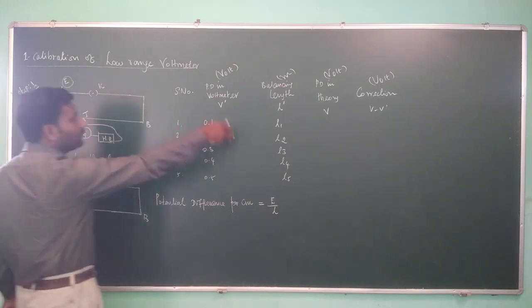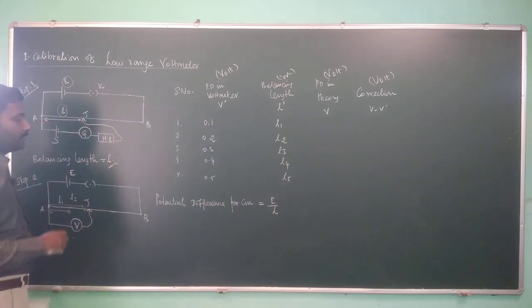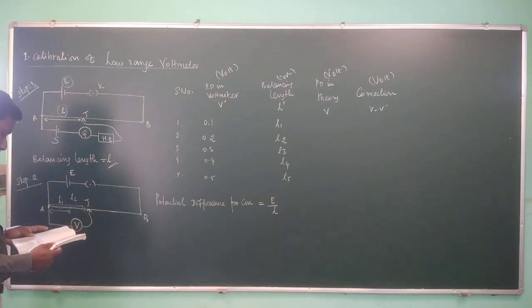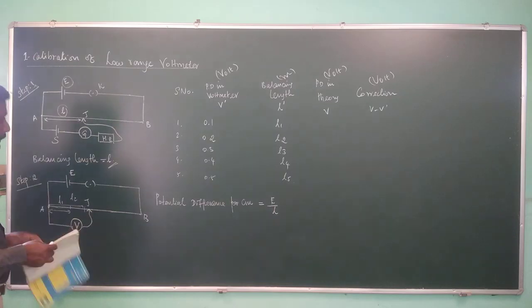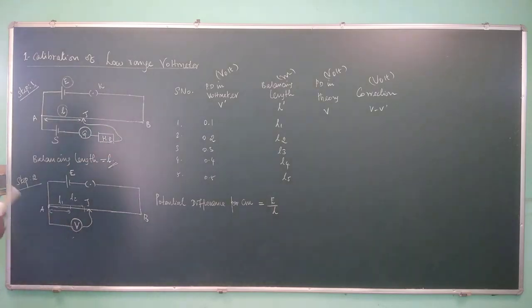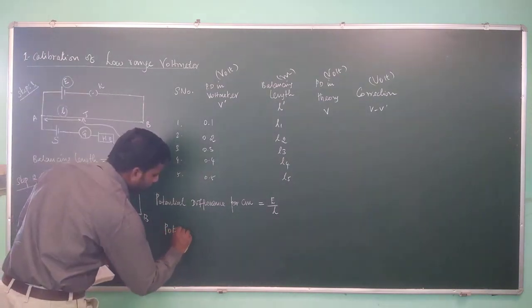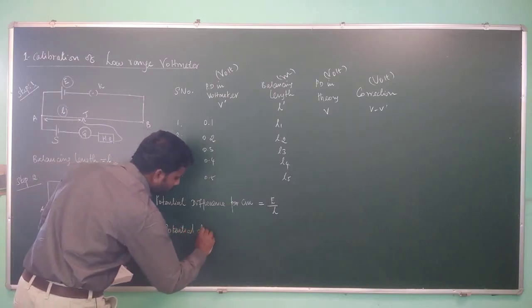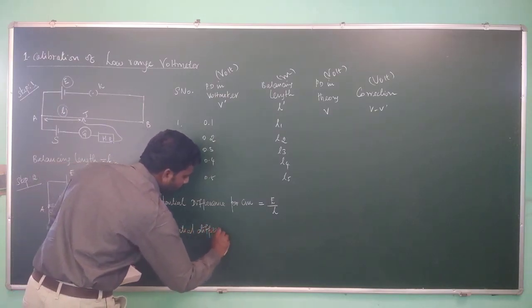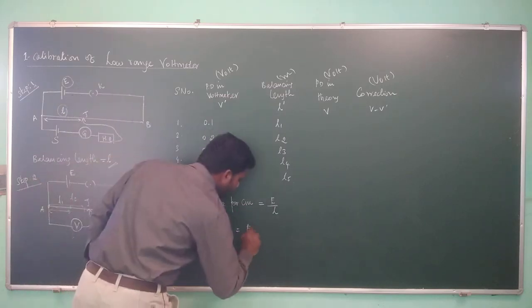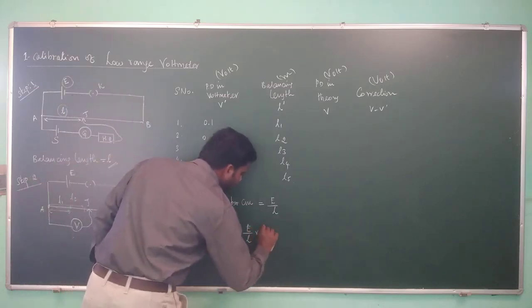In that way we have the readings here. Now we can write the formula for potential difference in the second case: E by L multiplied by L prime.